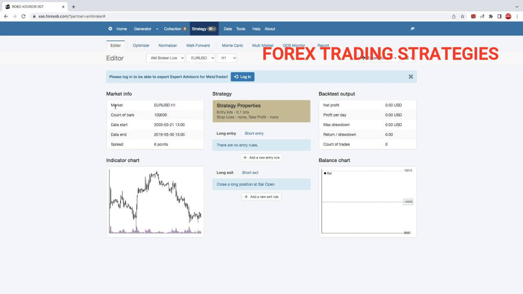Then we are going to be using Euro USD. You can change to whatever currencies that you love to trade. Unfortunately, these are the currencies that they had, and this is from the feed that was provided by AM Broker. I think this was the broker that they used for this EA builder.